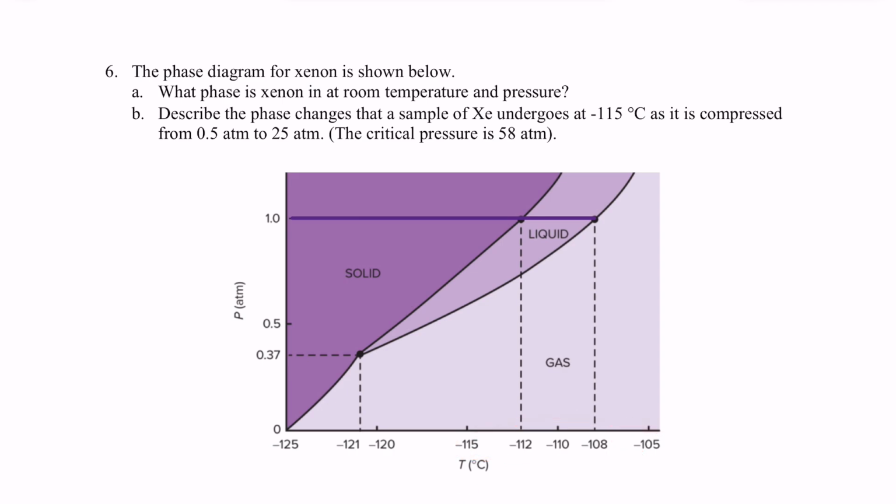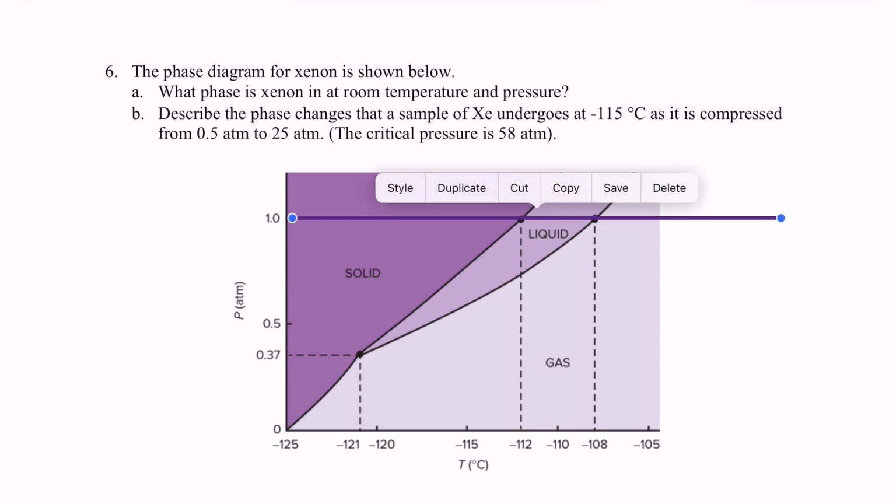So that actually means that if we continue with this line here, it's going to continue way past the negative 105 degrees to reach room temperature, roughly 25 degrees. So we can see that clearly we're in a region where we have vapor.